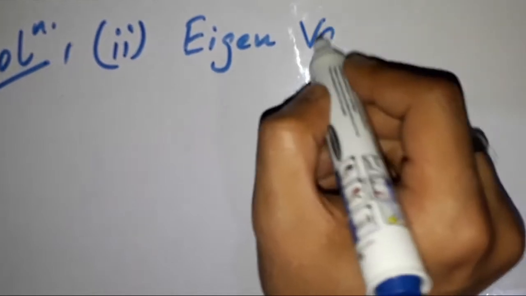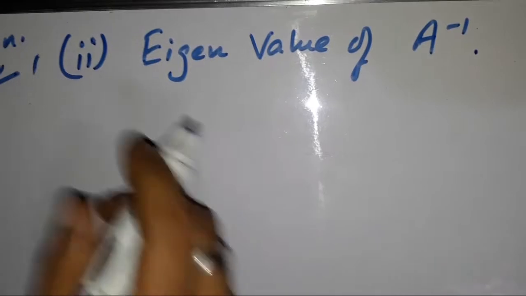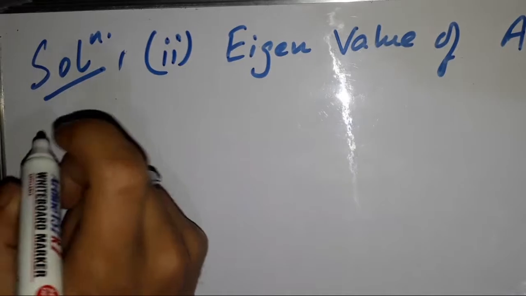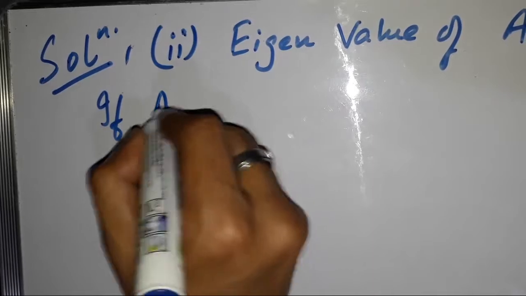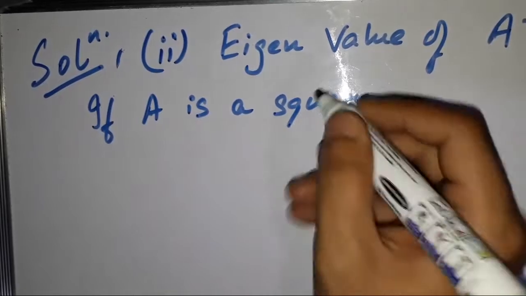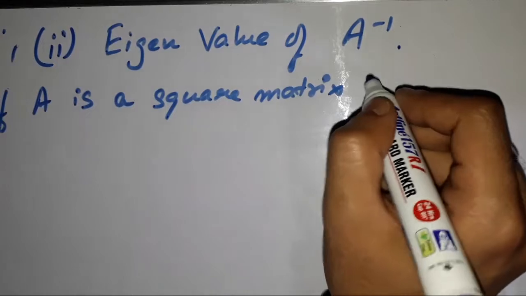In the second part, we have to find the eigenvalues of A inverse. For this we are going to use another property which has also been discussed in previous videos. This is a square matrix of order 3.